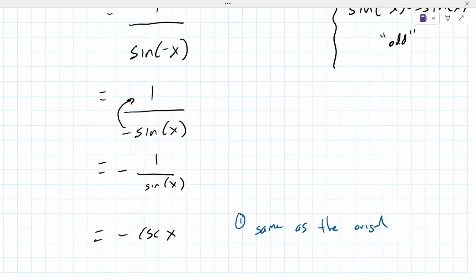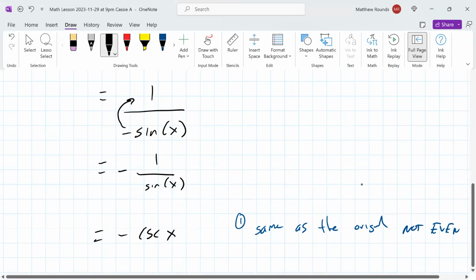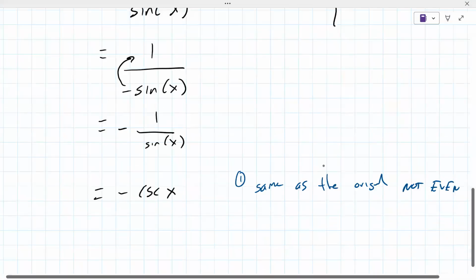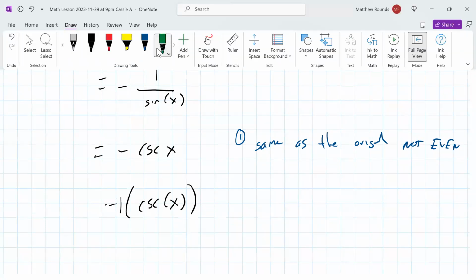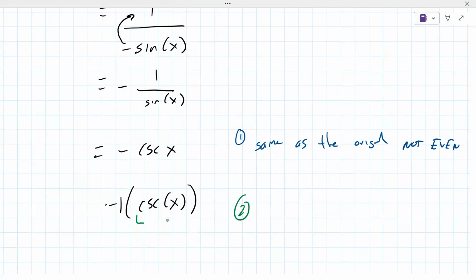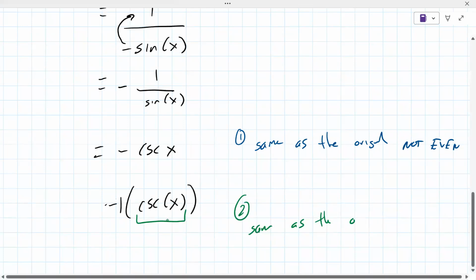It is not, so it's not even. Then you factor out a -1, and ask the same thing: is the part inside parentheses the same as the original? Yes, so it's odd.